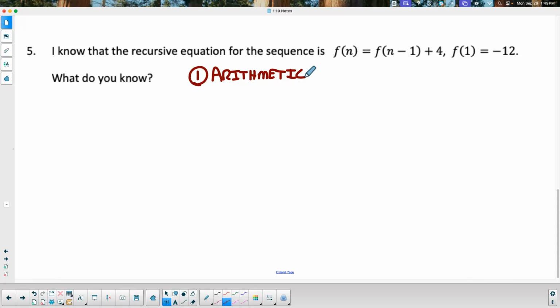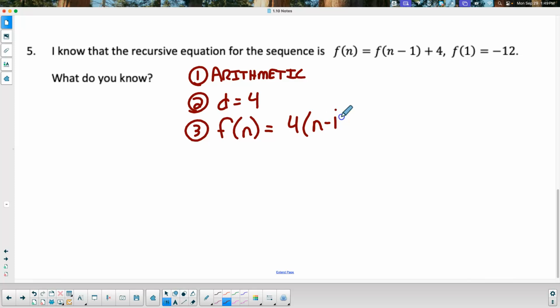Okay. Common difference. 4. If that's my recursive, what's my explicit? 4 works for me. Got the recursive, yeah, good. Good all the way through, right? Okay, love it.